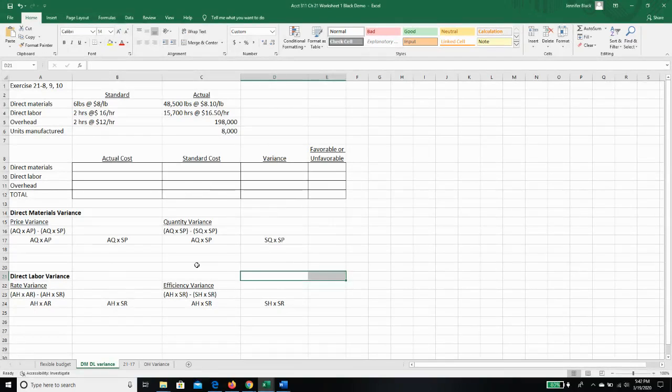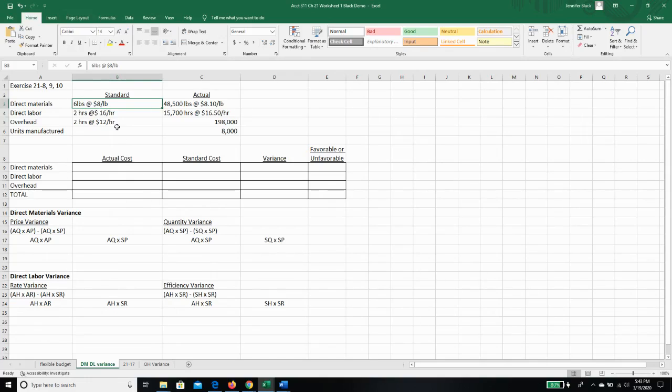Up here we have some information. We know that if everything goes right, to make 1 unit of our product, we should use 6 pounds of materials, and they should cost us $8 a pound. We checked with engineering. They said it's going to take 6 pounds of material, and our purchasing manager says we'll get that for $8 a pound.